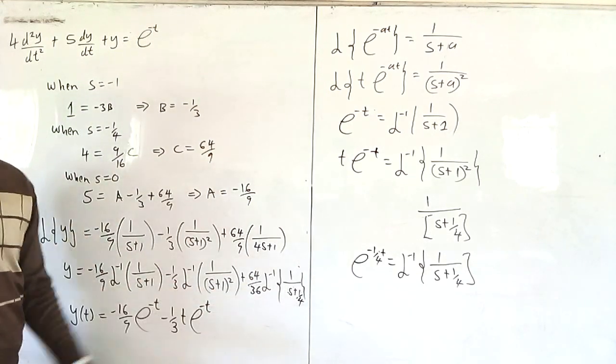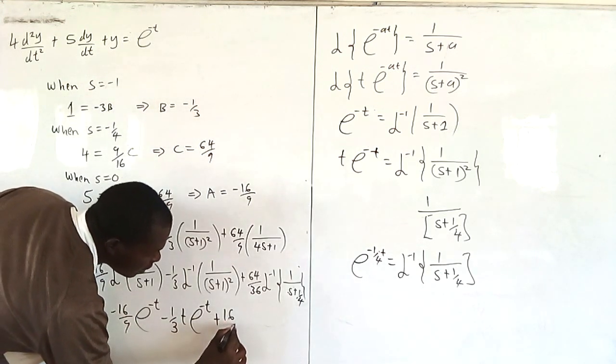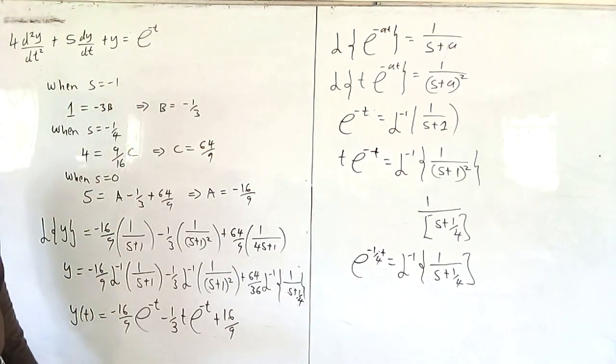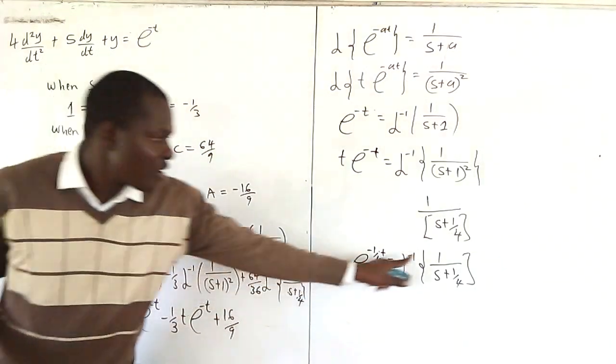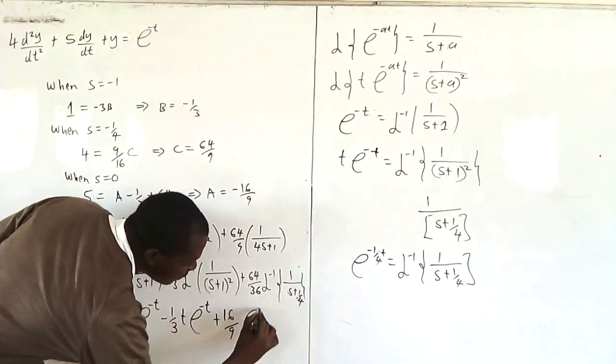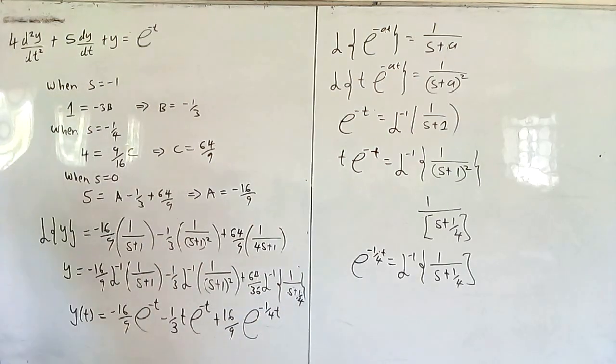Then 64 over 36 in simple form is 16 over 9. Then Laplace inverse of 1 over s plus 1 over 4, which you found is exponential negative 1 over 4 t.